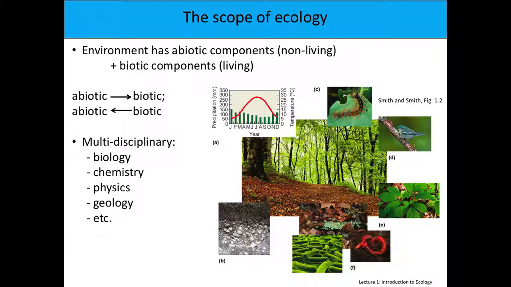So these two facets are constantly interacting. If we go and study this area now, we'll see something that looks like that. If we go and study this same area in January or February, we're dealing with an entirely different environment, solely due to abiotic components. But the biotic components are influenced by that.